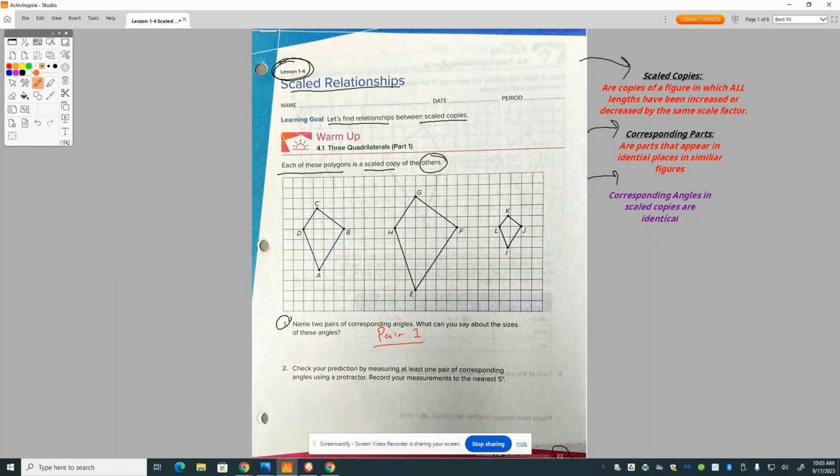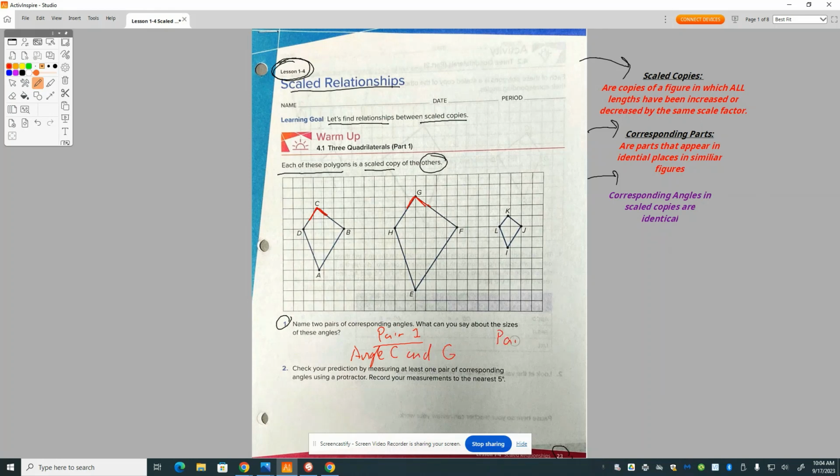If I concentrate on my first two figures, I notice that it has this angle right over here. That angle is angle C. The corresponding angle in figure 2 would be angle G, because they appear to be in the exact identical place of each other. So that would be my first pair.